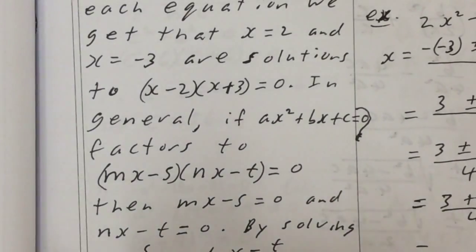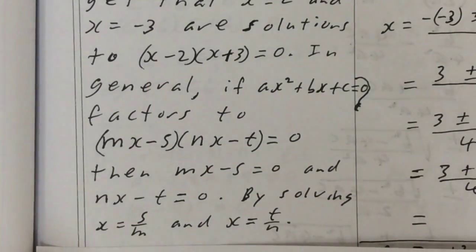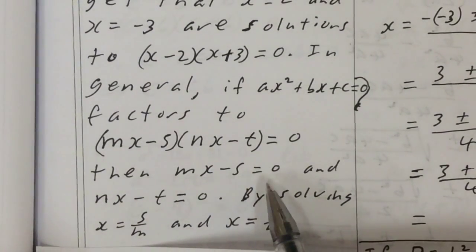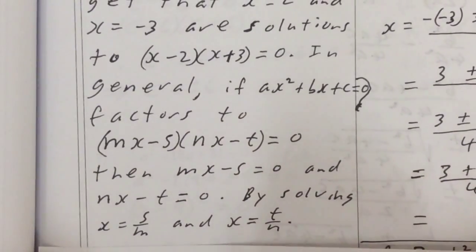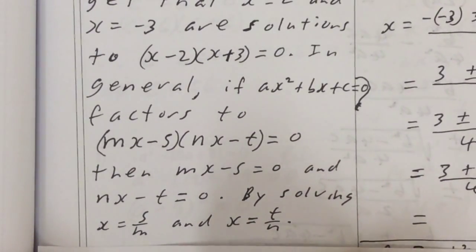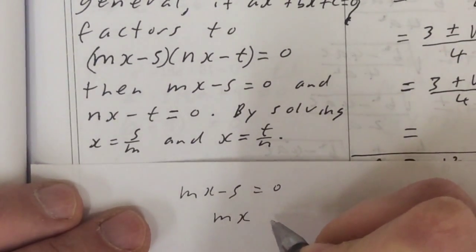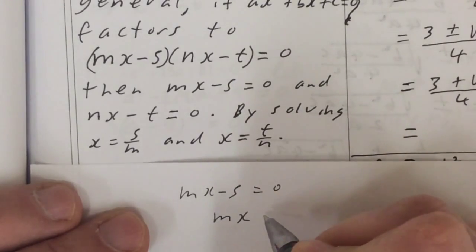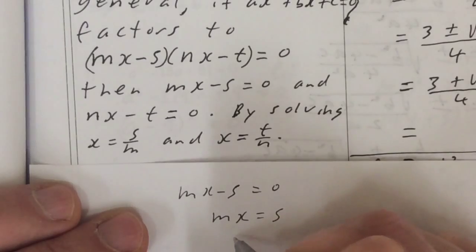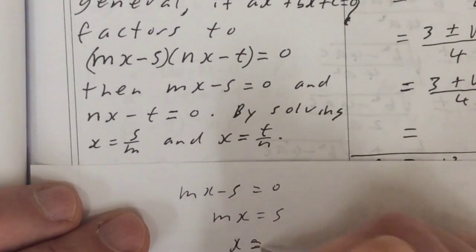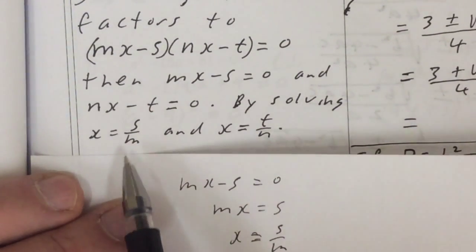And how you would do that is, say you had the first one, mx minus s equals 0. Well, you would add s to both sides, so mx equals s, and then divide both sides by m and you get x equal to s over m, which is the solution I've got here.